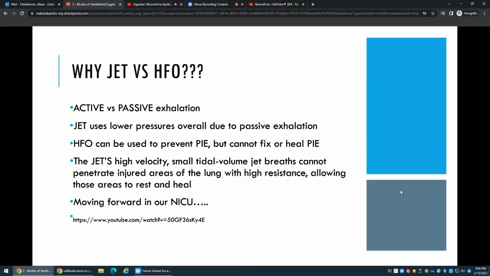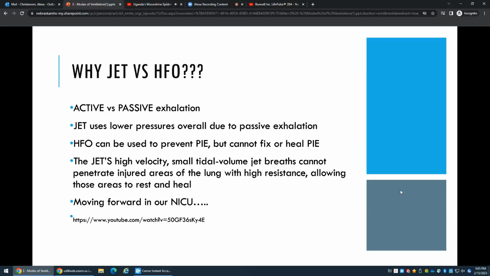Anytime you force exhale or suck air out of the lungs, there is the potential for air trapping. When you pull air out of the ET tube, where the ventilator circuit is hooked to, when you pull air out of the trachea, the pressure in the upper airways dramatically and quickly lowers, while the pressure in the distal airways, which is the alveoli, does not lower as quickly or sometimes at all.